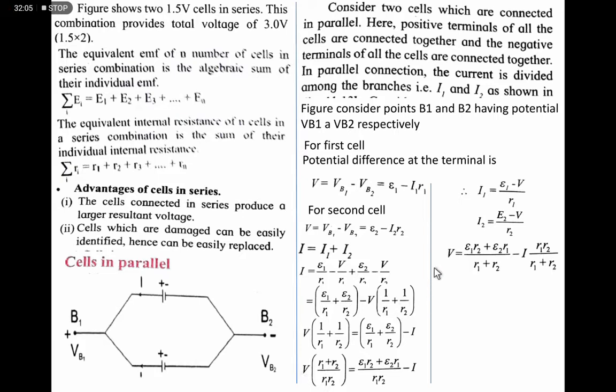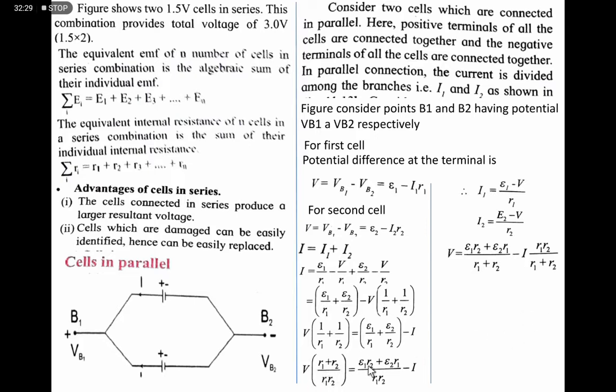So it becomes V equals E1 R2 plus E2 R1, and here will be R1 R2. When this bracket comes over here, R1 R2 will be in the numerator and R1 plus R2 in the denominator.